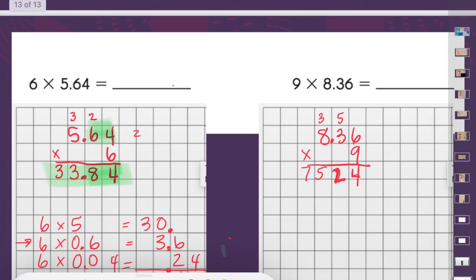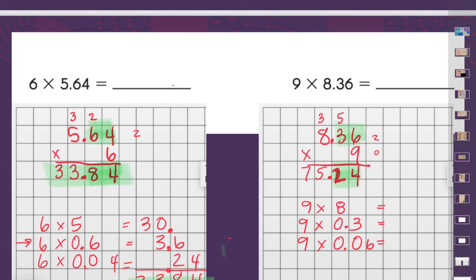We look in our factors to see how many place values are after the decimal point, and there are 2 in this factor, there are 0 in this factor, so we need to have 2 behind the decimal point in our product. So 75 and 24/100ths, or 75.24.